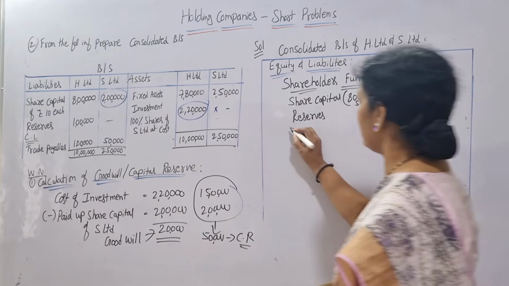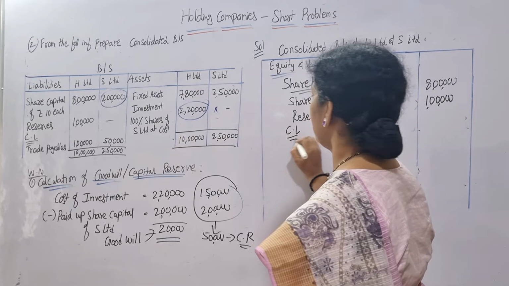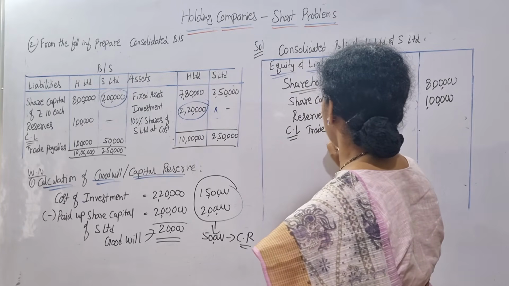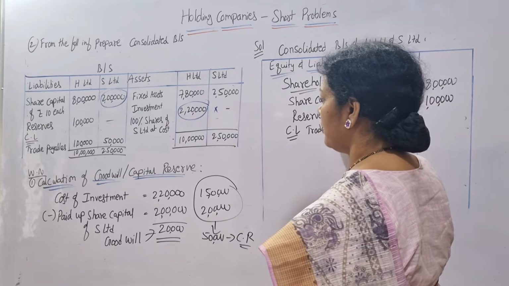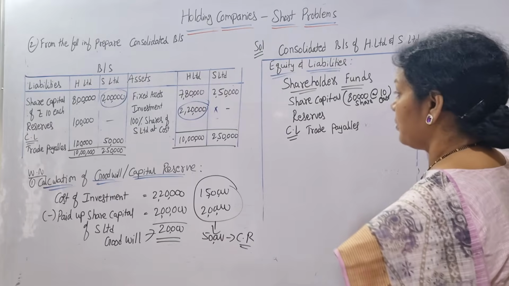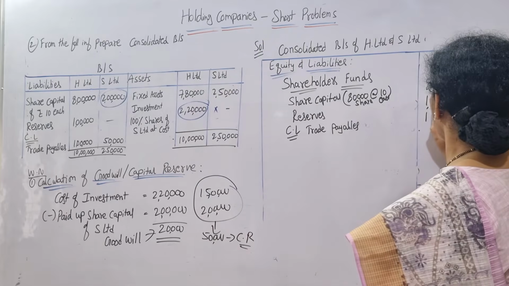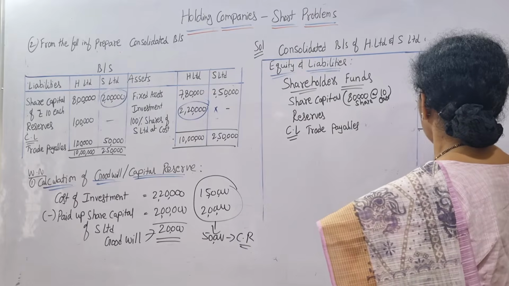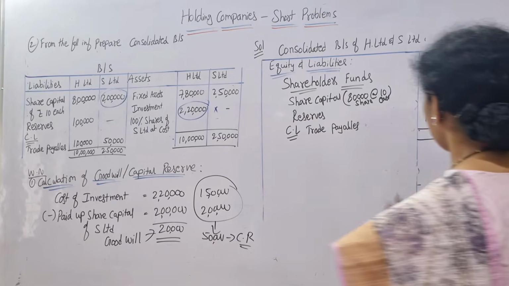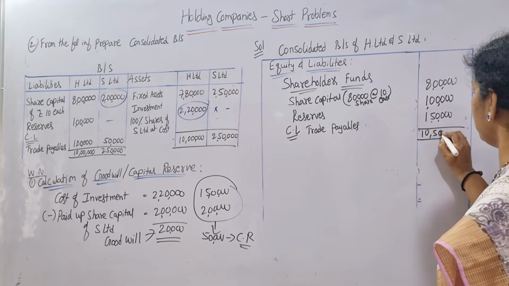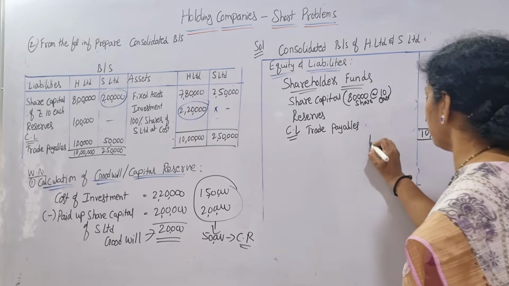Now we'll say current liabilities, trade payable, 1 lakh plus 50,000, which means 1,50,000. Anything else? That's all. So the total, if you see, we are getting 10,50,000. This is the liability side total.